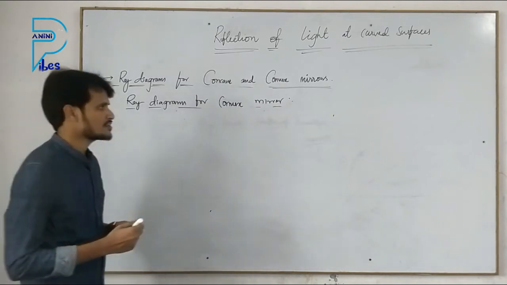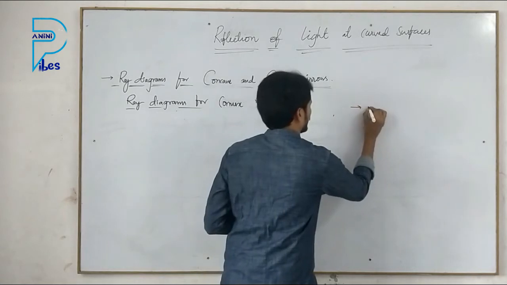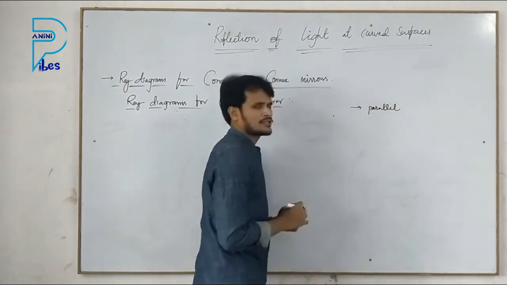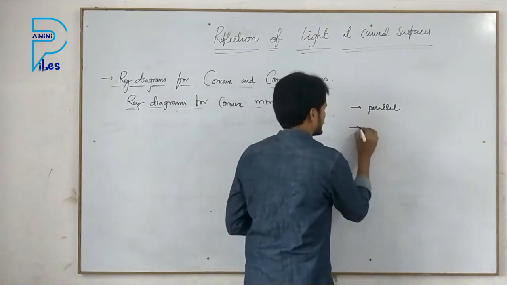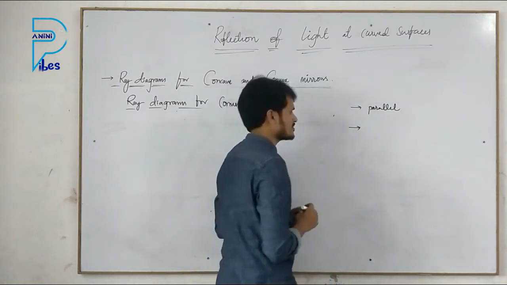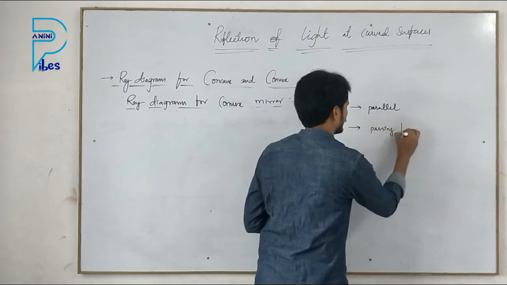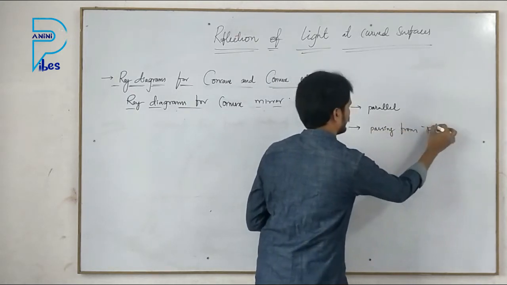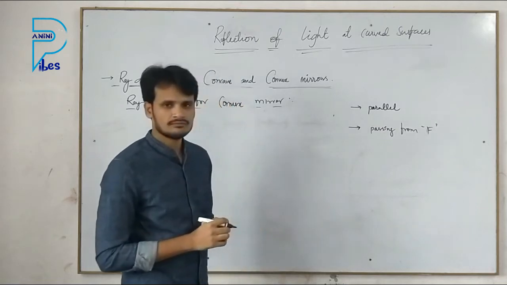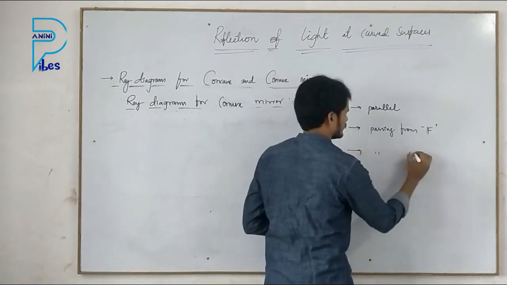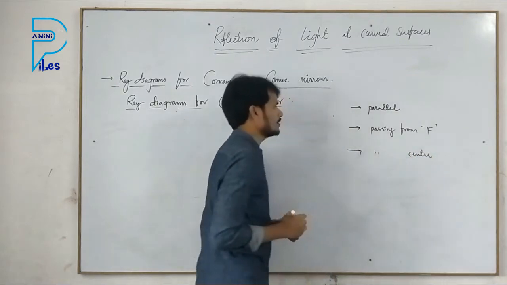What are they? The first one is similarly parallel to the principal axis. The second case is passing through F. And the third case is passing through the center.